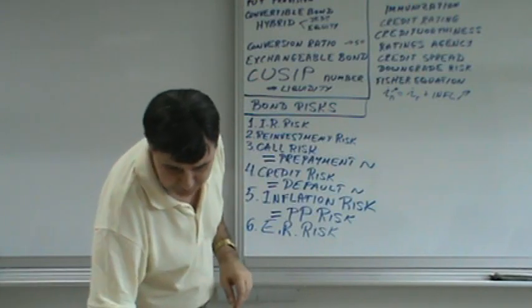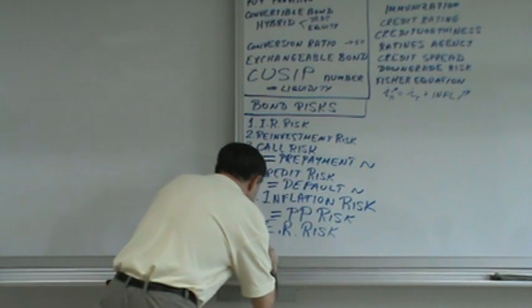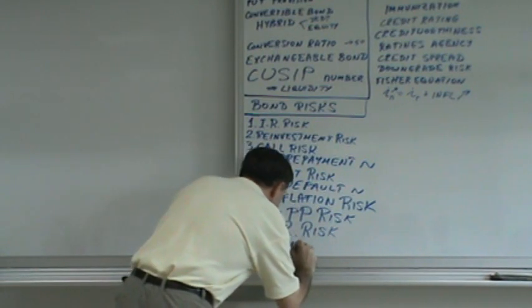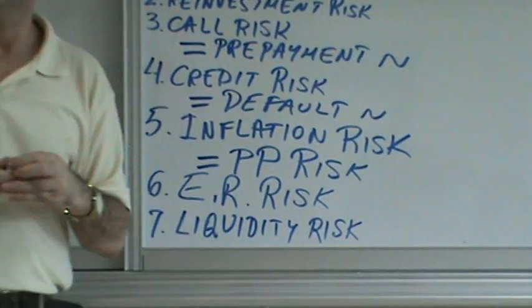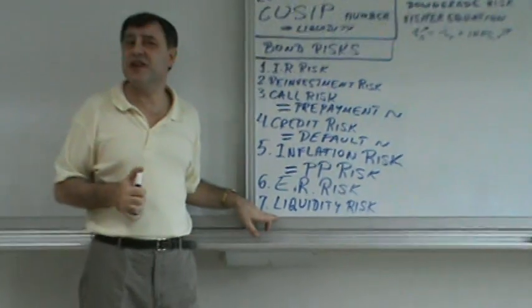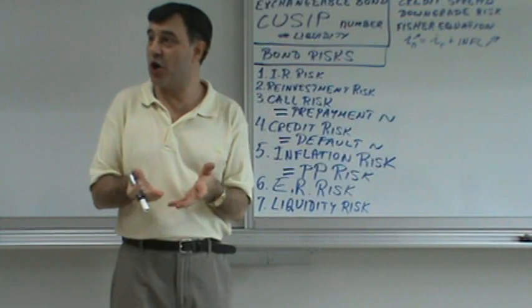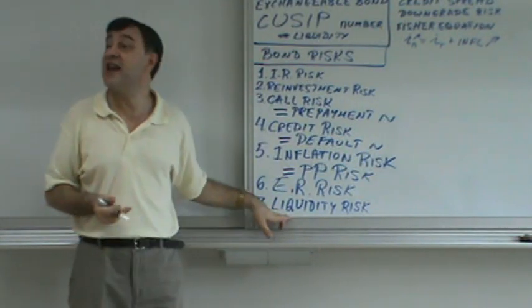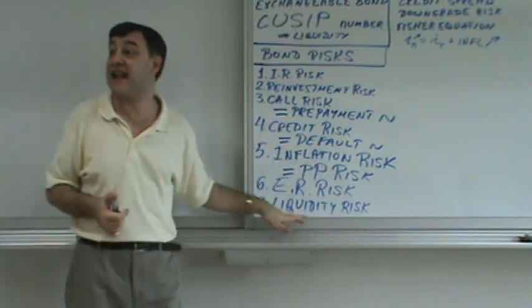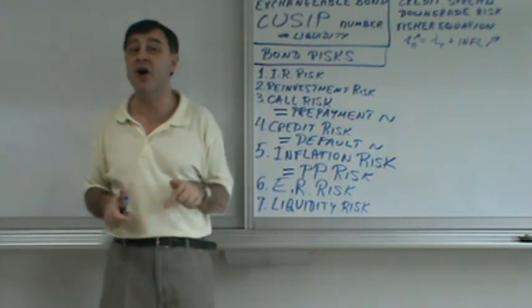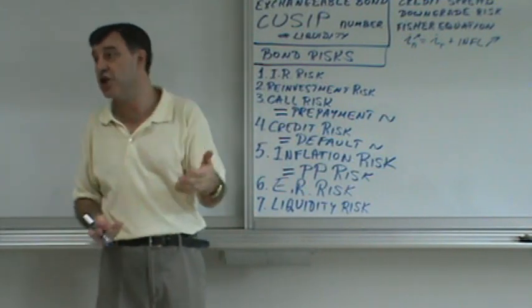Next, liquidity risk, 7. Liquidity risk basically means that liquidity will go down, or liquidity can practically evaporate. In other words, it is the risk that the liquidity of the particular bond falls, and as a result, you cannot get a good price.